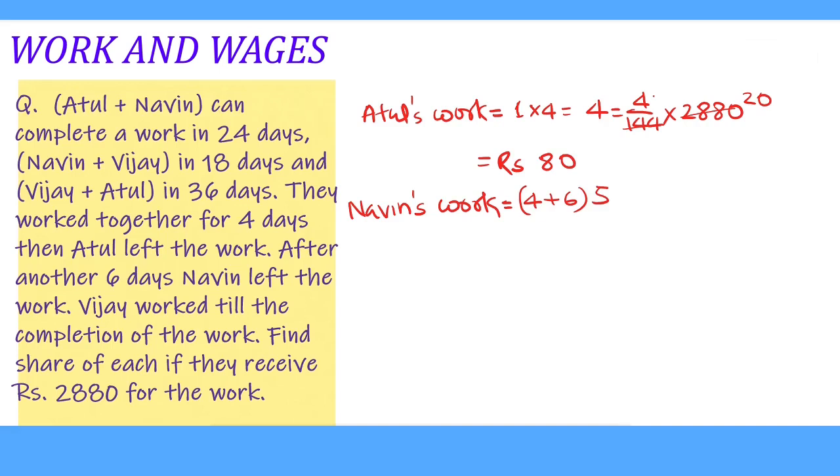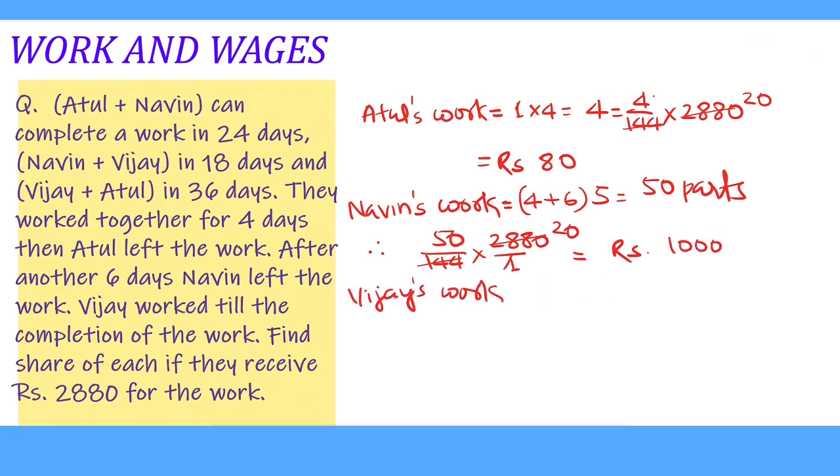So 4 plus 6 multiplied by 5 is 50 parts. Therefore his share is 50 upon 144 multiplied by 2880, and 144 divides 2880 for 20 times. So Naveen gets rupees 50 multiplied by 20 equals rupees 1000.